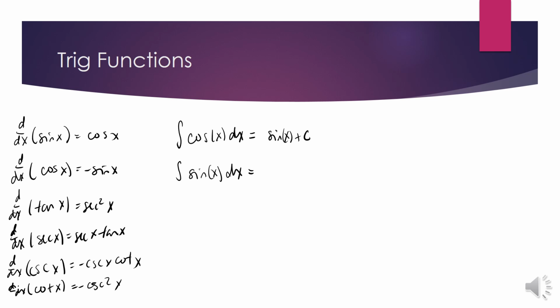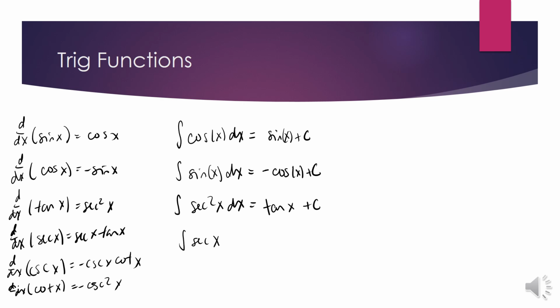So what function gives me the derivative of sine? Well, it's got to be negative cosine. Don't forget our plus c. The antiderivative of secant squared, so give me the function where its derivative is secant squared. So that would be tangent x. And then you can keep going through here.